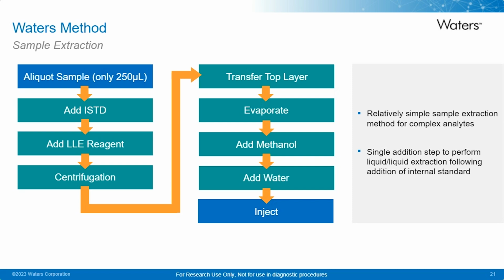We performed liquid-liquid extraction, and this used a mixture of ethyl acetate and hexane, and the samples were centrifuged to separate the layers efficiently. We then transferred the top layer into a clean 96 well plate. The samples were evaporated to dryness and then reconstituted in methanol and water before injection on the LCMS system.